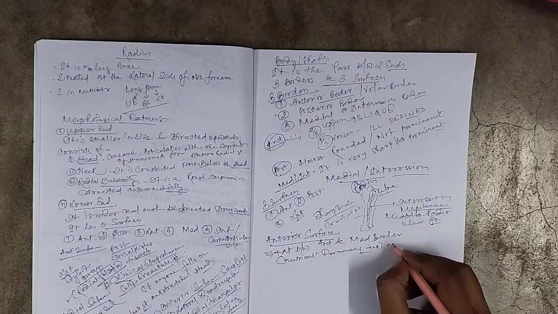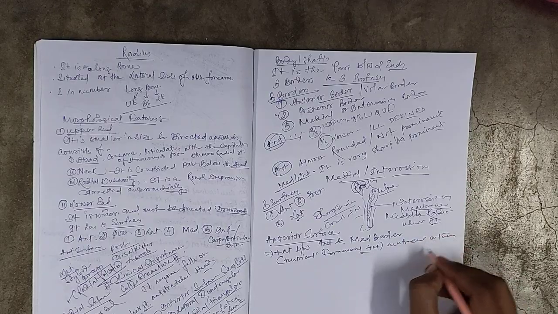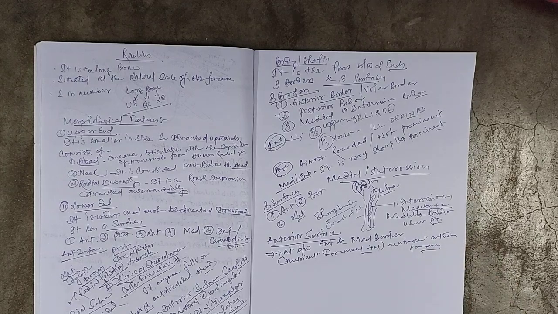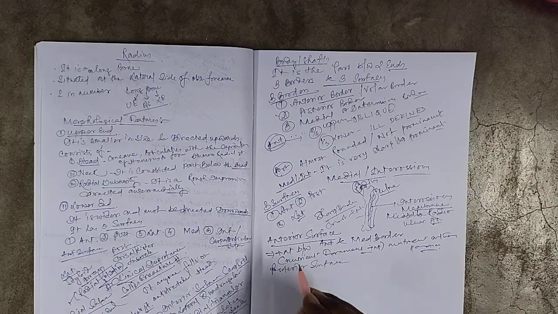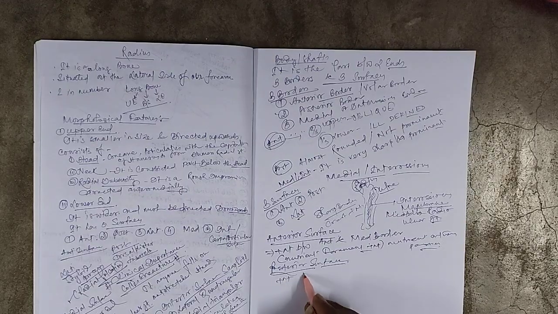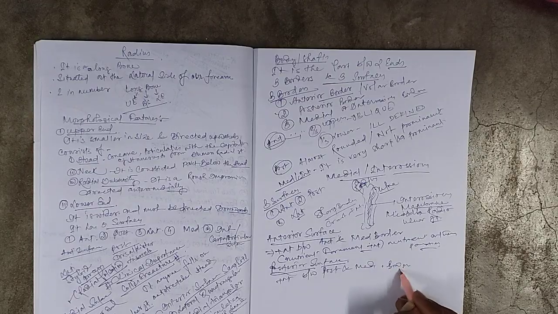where the nutrient artery passes. And the posterior surface lies between the posterior and medial border.